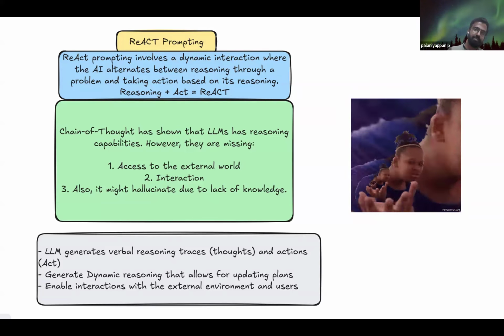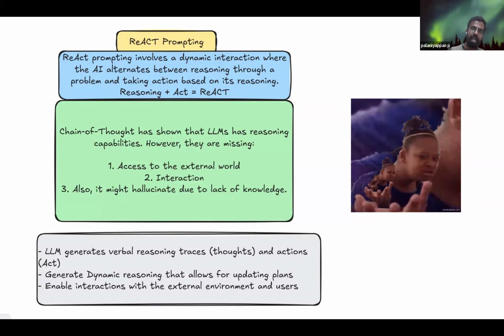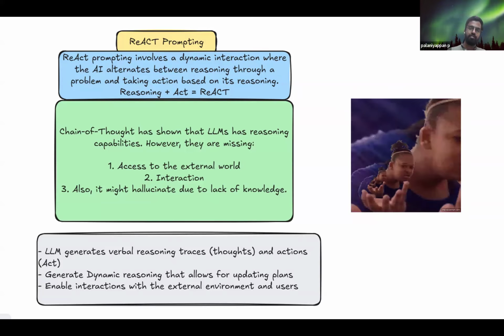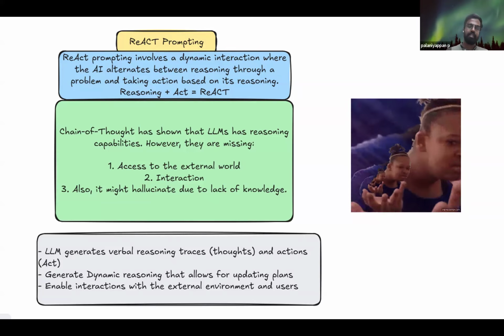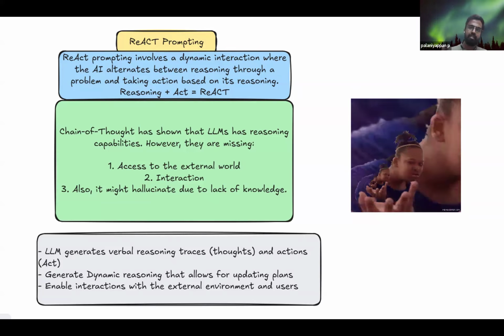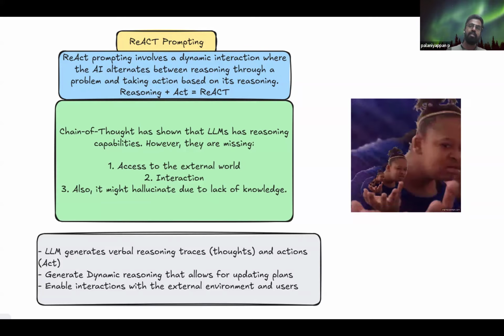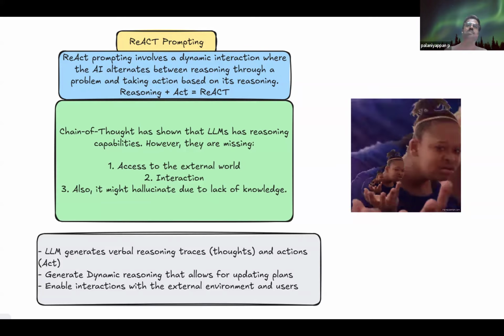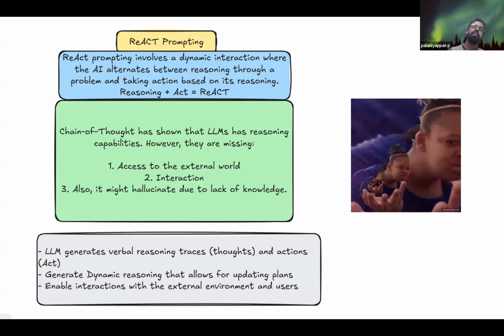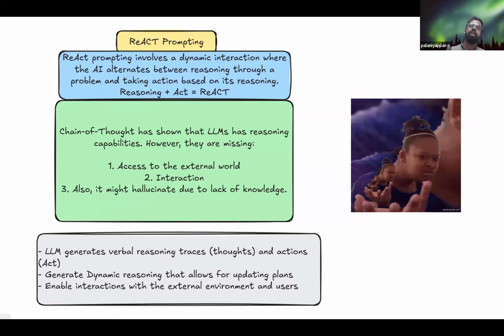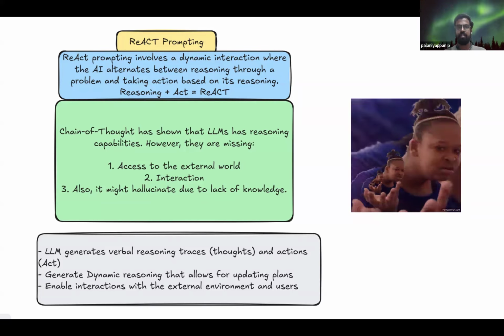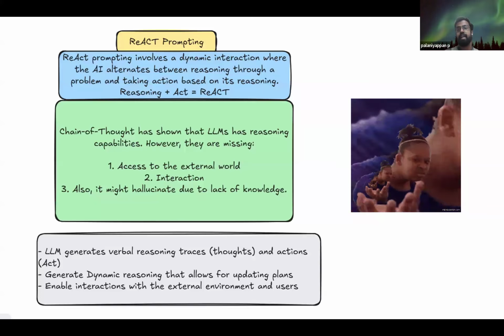To avoid that, you can bring in React, where it will look for an external resource, try to solve that reasoning, and update that model or knowledge source. You can use RAG here, or you can use vector DBs here. That is what React prompting is.